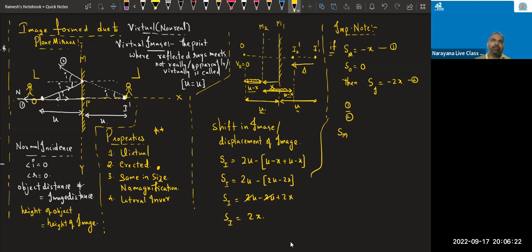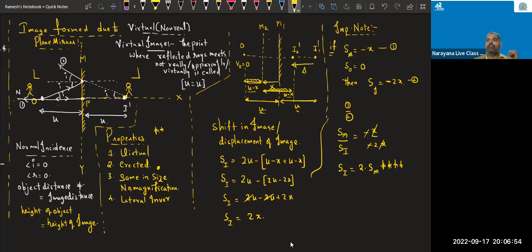Image is also displaced to which side? Left side only, na? So same thing I said. If you divide, understood? Stop me if you are stuck. So displacement of mirror by displacement of image, how much? Minus x by minus 2x. The minus cancels out. So you can write displacement of image equal to how much? 2 into displacement of mirror.